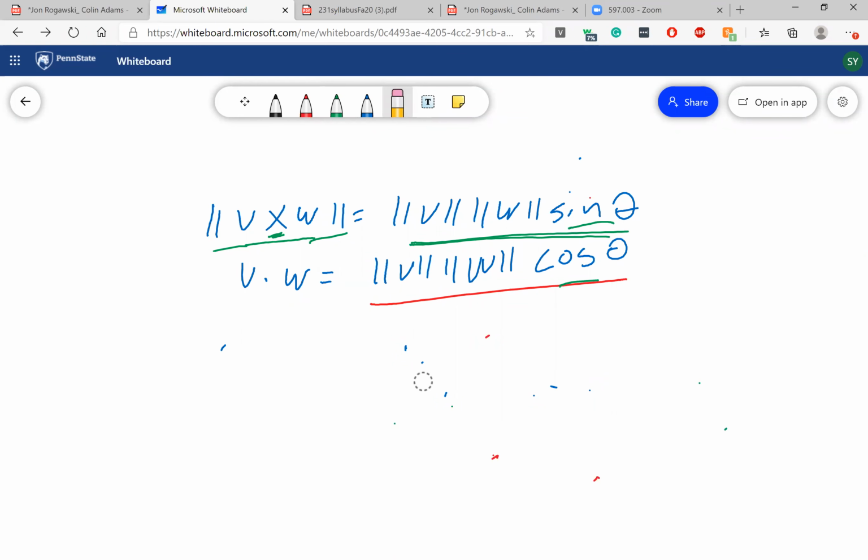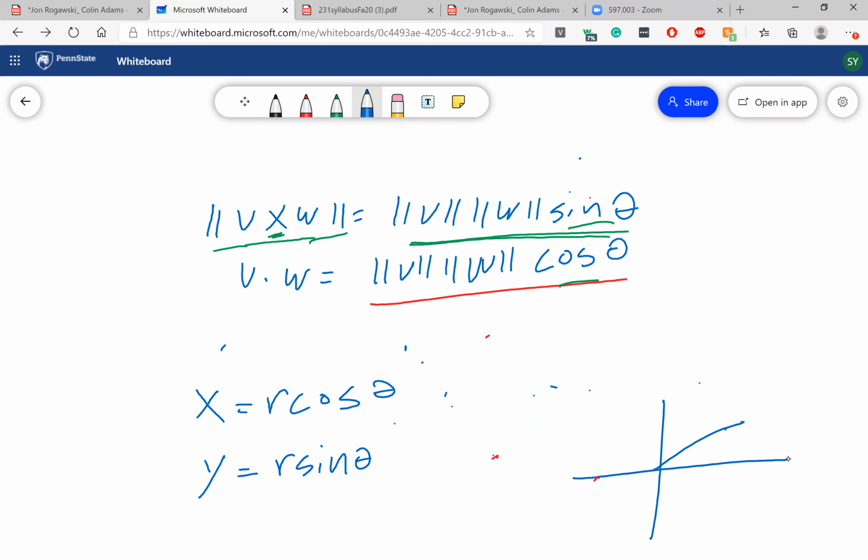When I say that it plays the role of cosine or sine, what I mean is we know that x is equal to r cosine theta when we're looking at the transformation between Cartesian and polar coordinates, and y is equal to r sine of theta, where again we have, let's say, an R2, and this is our x, and this is our y, and we have a vector, and the length of this vector is r.